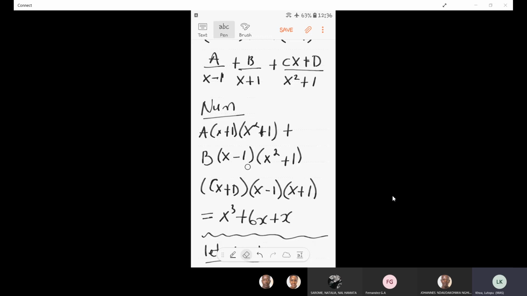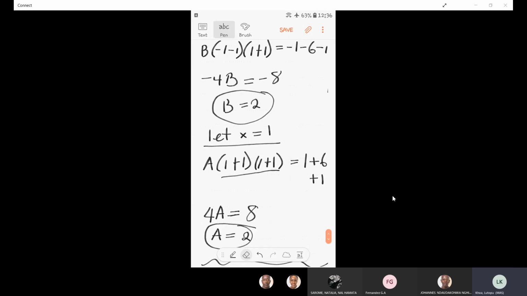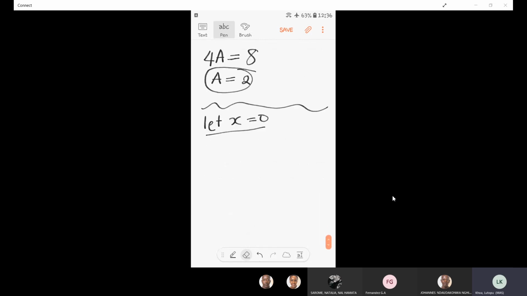If I try and get rid of the b term by substituting positive 1, the c and d term is also gone. So I just pick any number that will make my calculations very easy to do, and that is 0.